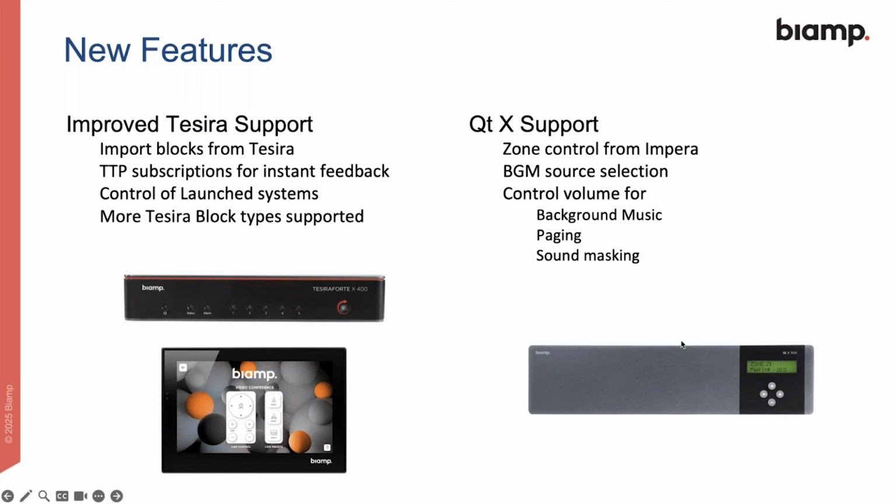We cannot control it like how you control a traditional DSP. So with improved support, we now support control of launched systems through the Biamp Control. And there are more Tessera blocks supported now. If you see the new module, you'll just see those options. If you're familiar with the way it has worked, we had much fewer options earlier.